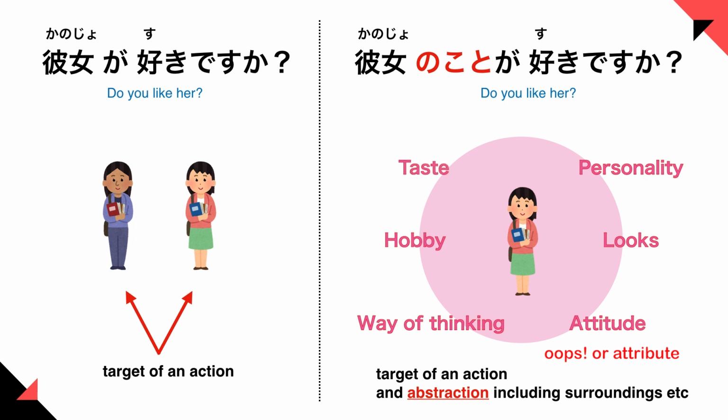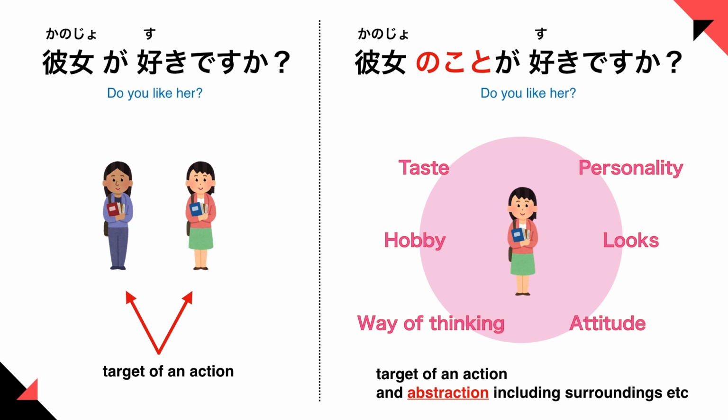It can include anything, but all in all, everything included, do you like her? So it's not just a direct target of an action that it indicates, it also includes an abstraction like surroundings, personality, looks, attribute, attitude, way of thinking, hobby, taste.